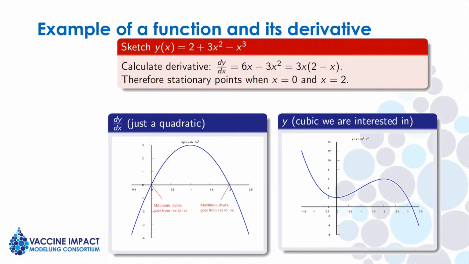And we can use that to get an understanding of what our function looks like. So not only are we understanding the function based on the equation of itself, so let's say we've got this equation here, y is equal to 2 plus 3x squared minus 3x cubed. This is a sum of a bunch of functions that we can differentiate.